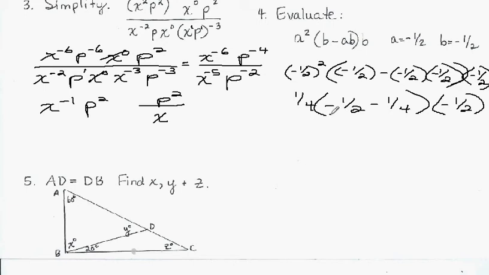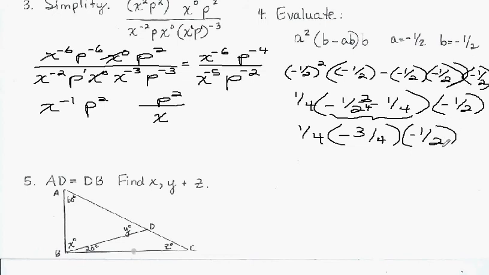Now, inside the parentheses here, we're subtracting, so we have to find a common denominator, which would be 4. So this would be negative 2/4, right? So we get 1/4. And in the parentheses, we have negative 2/4 minus 1/4 is minus 3/4 times negative 1/2. And then these are all multiplied together.